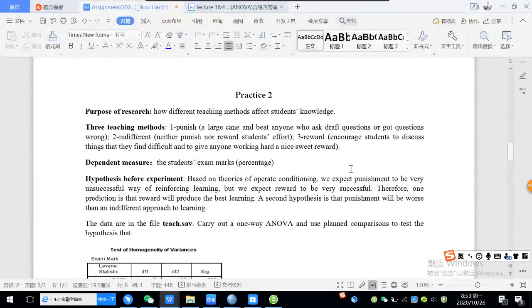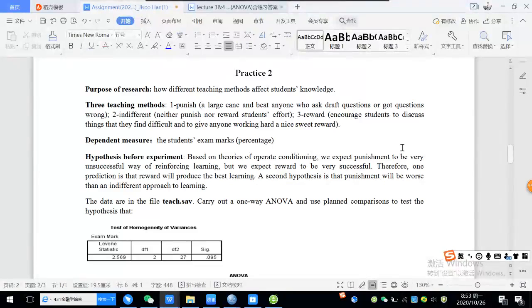Okay, so here the dependent variable is the students' exam marks. And here, based on theories of operant conditioning, we expect punishment to be a very unsuccessful way of reinforcing learning.